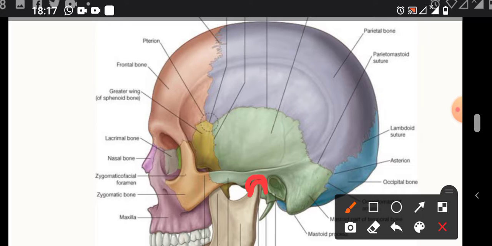The posterior root passes backward along the lateral margin of the mandibular or articular fossa and then above the external acoustic meatus, to become continuous with the supramastoid crest. So this is the posterior root and this is the anterior root. So two roots are present.